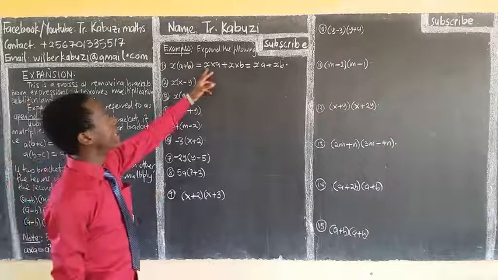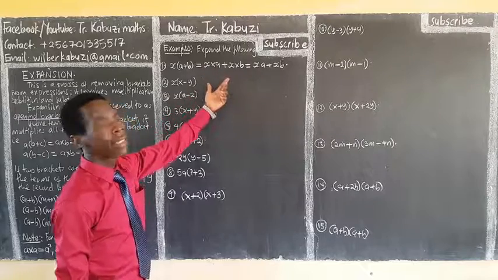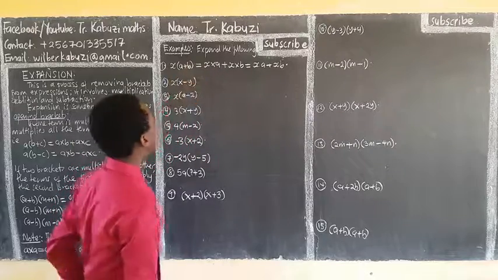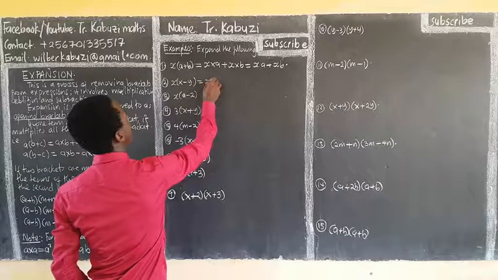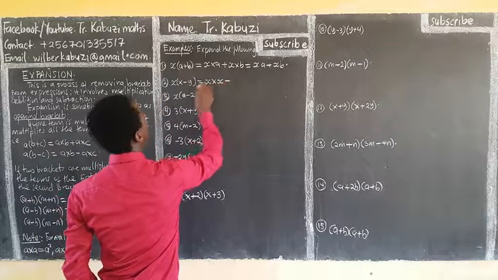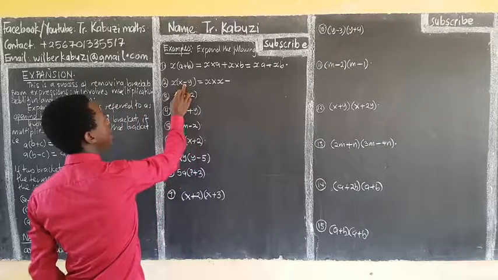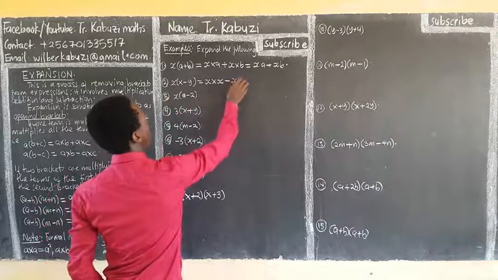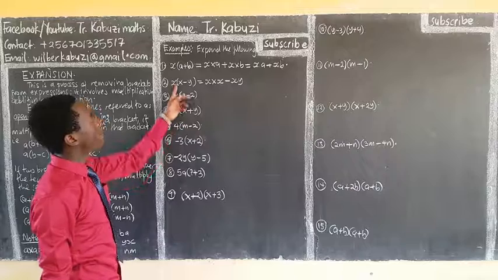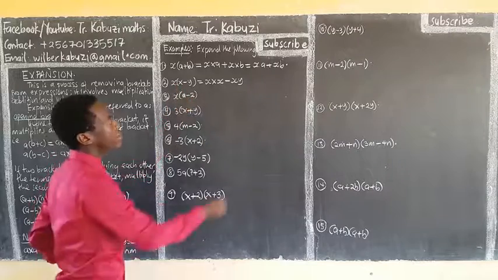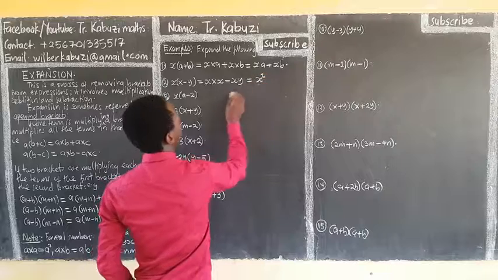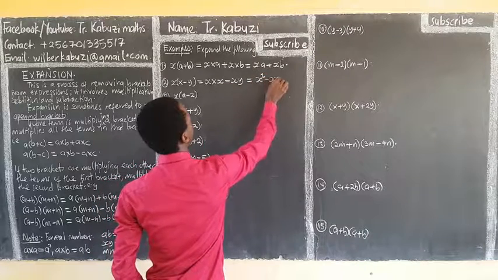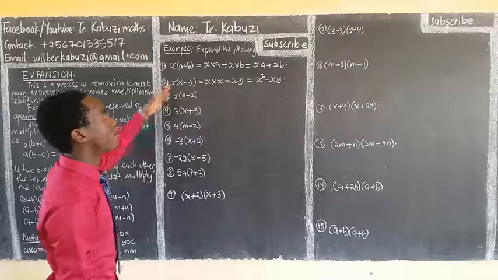Now we have X times X, then you decide the sign between, which is minus, then X times Y. This term multiplies all the terms. So here we get X times X, we get X squared. Then minus XY. So instead we have removed the bracket.